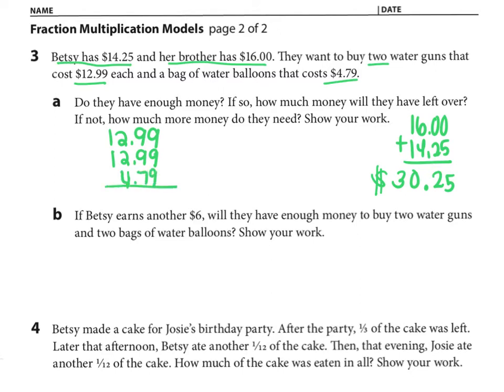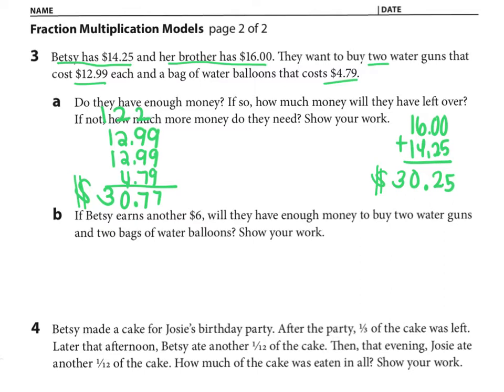Let's add all 3 of those together. 9 times 3 is 27. 9 and 9 is 18, plus 2 is 20, plus 7 is 27. That'd be $30.77 to buy all 3 of those items, the 2 water guns and the bag of water balloons.